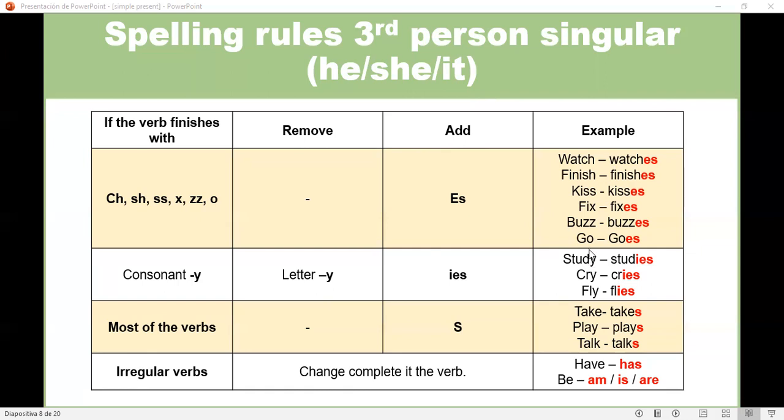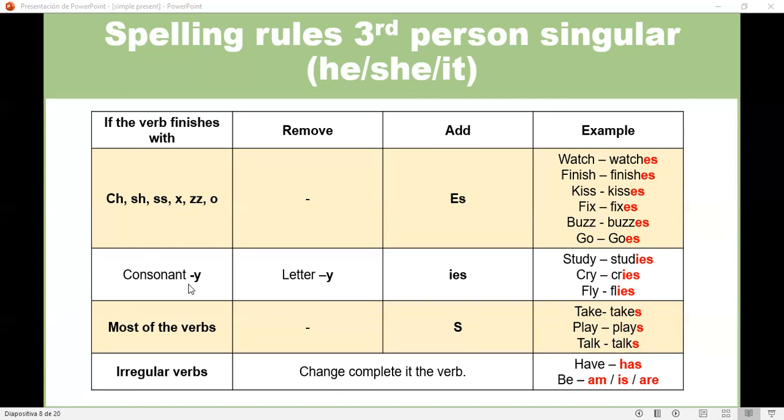We removed letter Y and we add IES. Example number 2, verb cry, third person, cries. And the third one, fly, flies. That is the second rule, consonant plus Y.